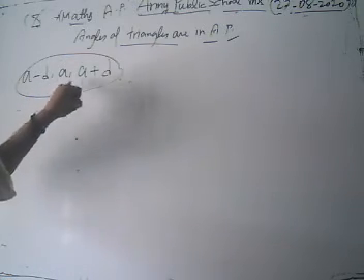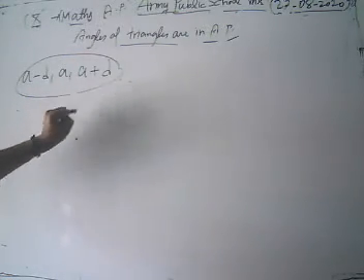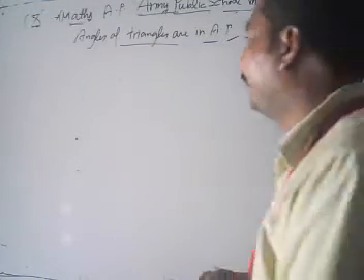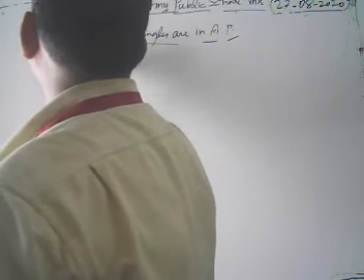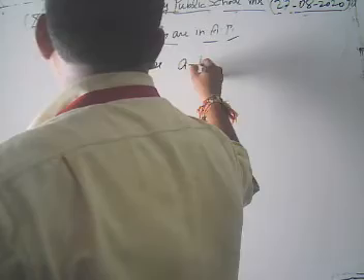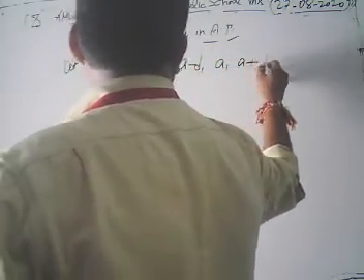The difference between the 3 numbers is d. So whenever we take 3 numbers, we start with: let the angles be a minus d, a and a plus d.